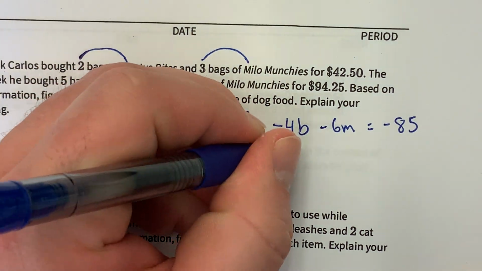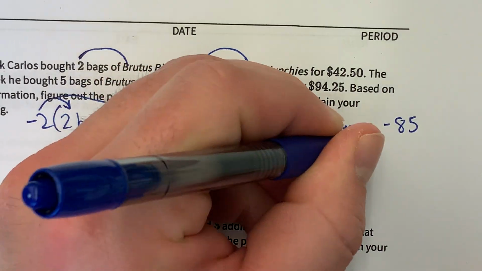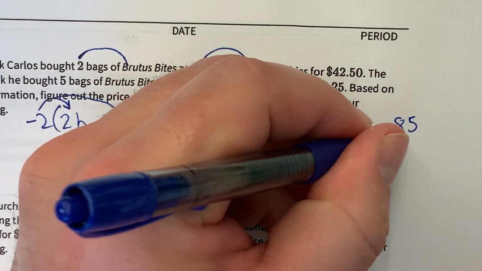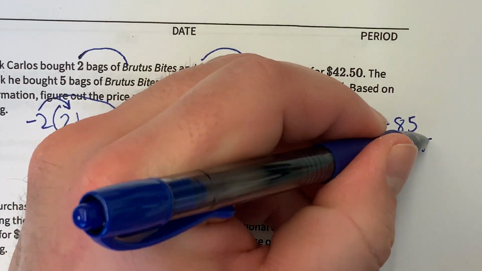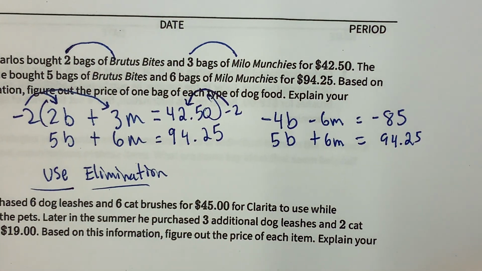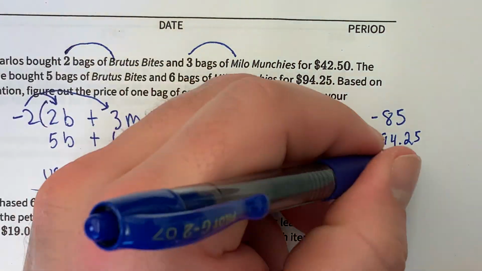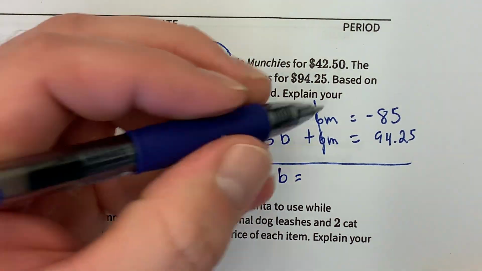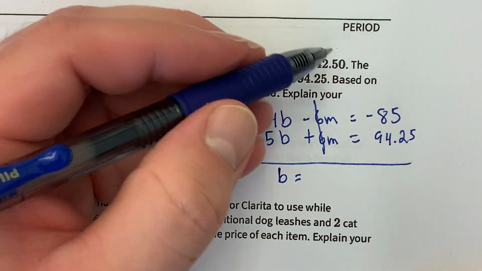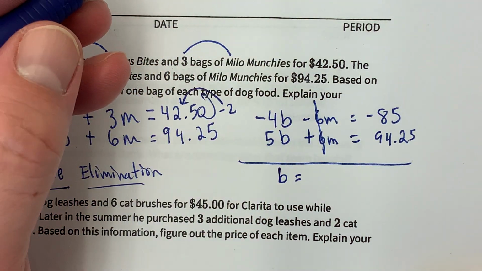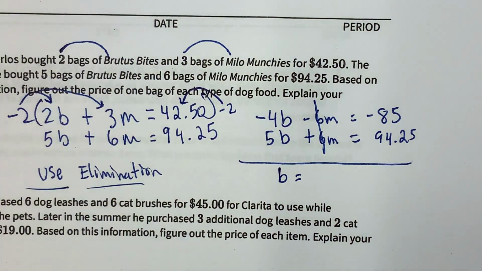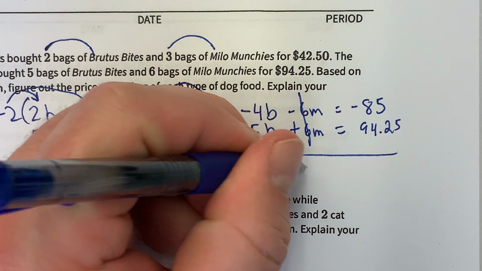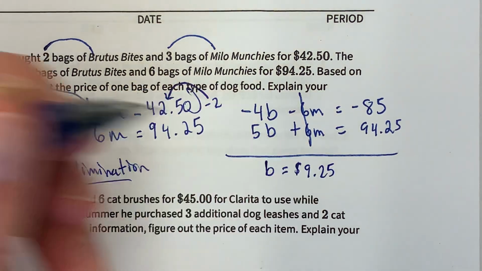I'm going to rewrite the bottom part just so I can see what cancels. Okay, so that's the same bottom piece, just moved over. These cancel. -4b and 5b make b. And b is going to be whatever 94.25 minus 85 is. 9.25, is that what it is? $9.25.